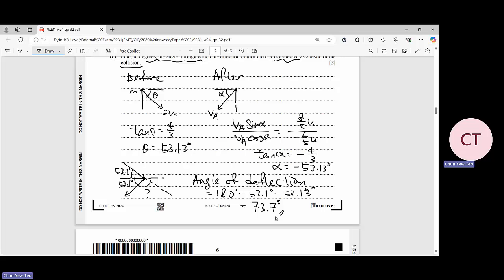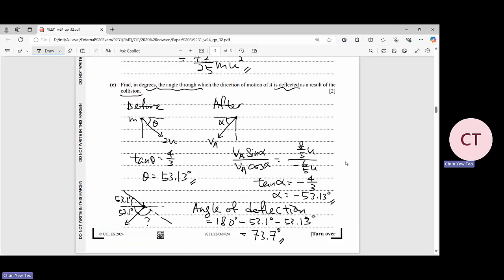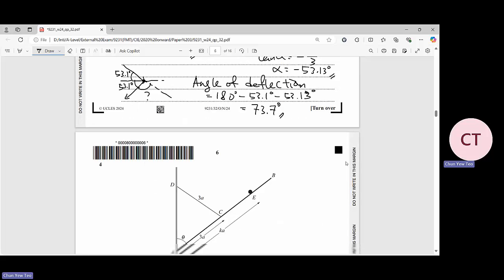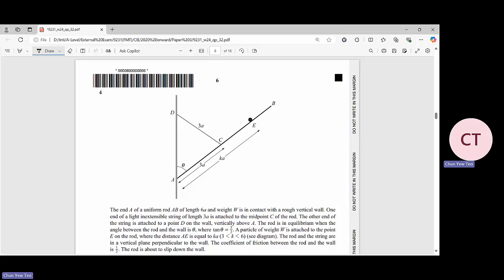That will be more accurate. So we don't round up the angle theta and the tangent and the angle alpha too early. We leave the answer in 2 decimal places first before rounding it up for the final answer to 1 decimal place. So this will be the answer for question number 3. And moving on, we have question number 4.